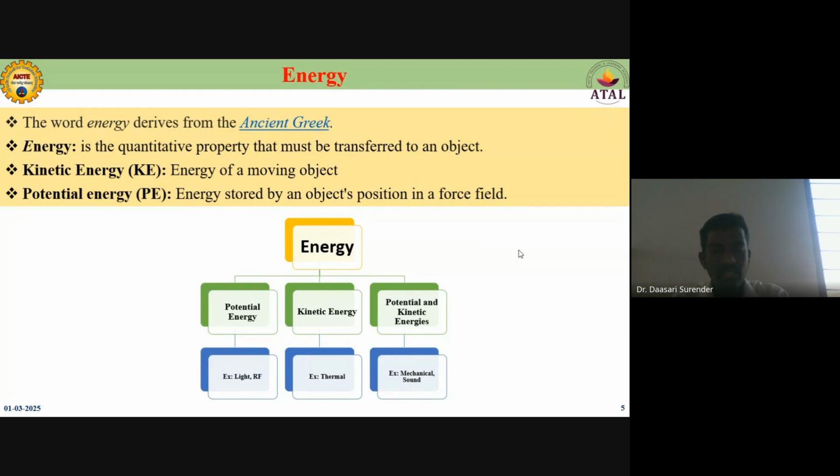Kinetic energy is derived from the energy of a moving object, and potential energy is generally stored in a static object. The various energy forms from the potential and kinetic energies are light, RF, thermal, mechanical, and sound.